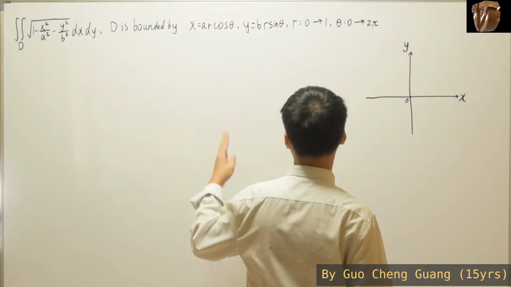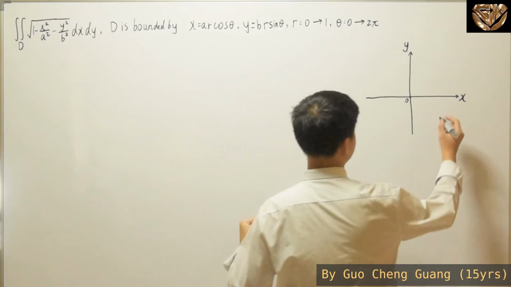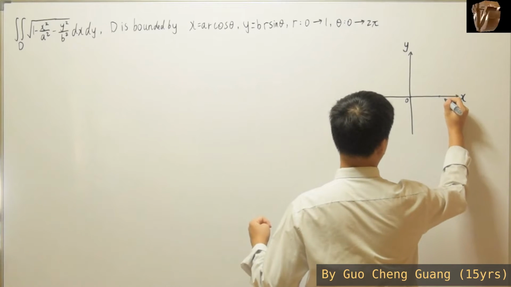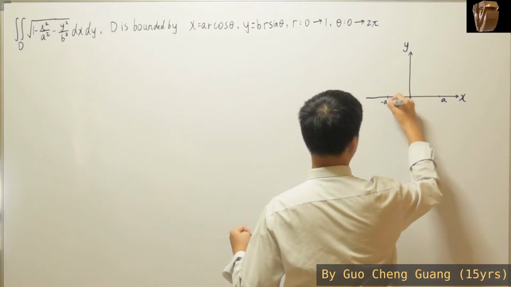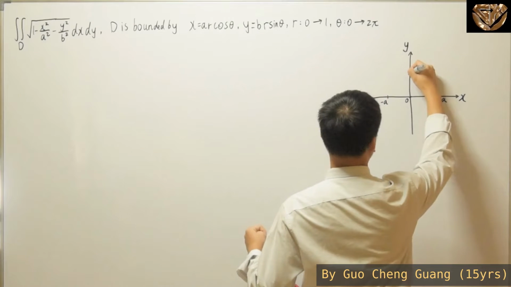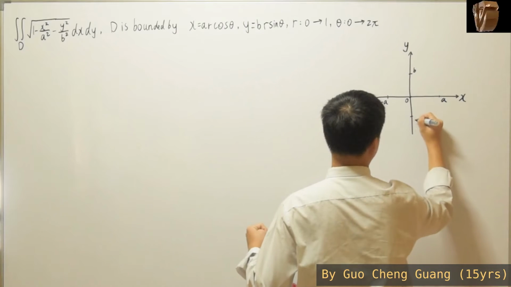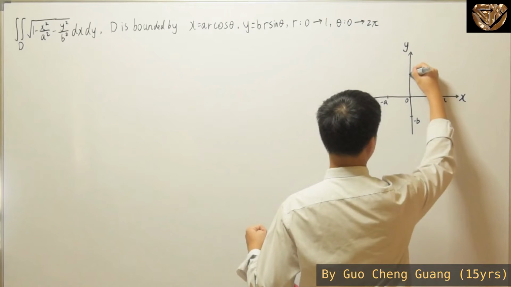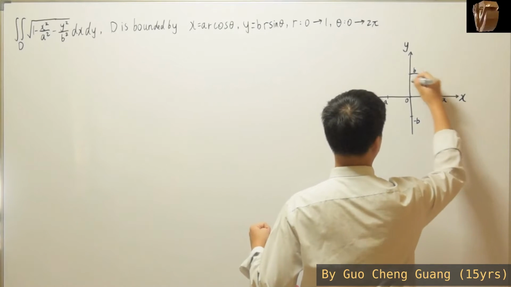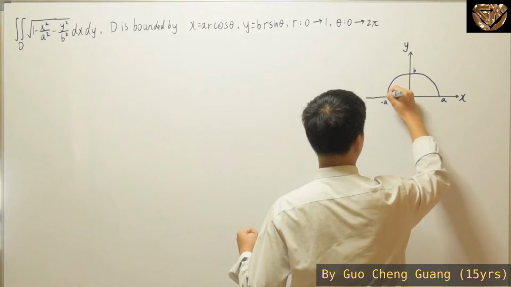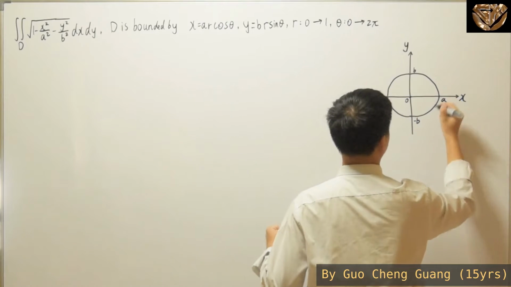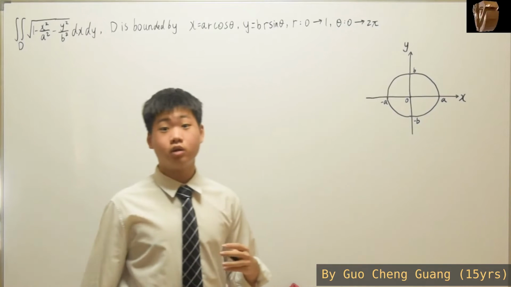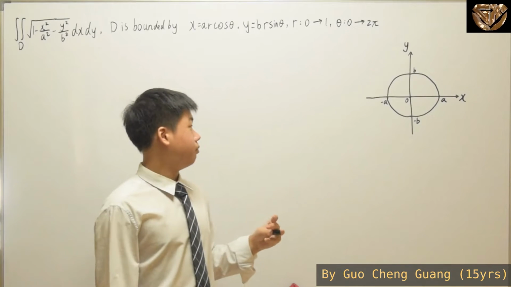Since x is equal to ar cosine theta, that means along your x-axis would be your a, while along the y-axis will be the b. Right, so it would probably look something like this.